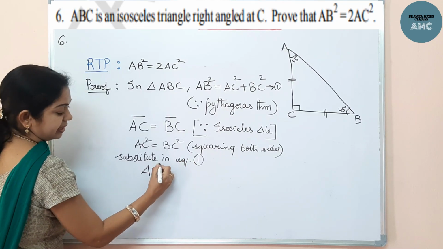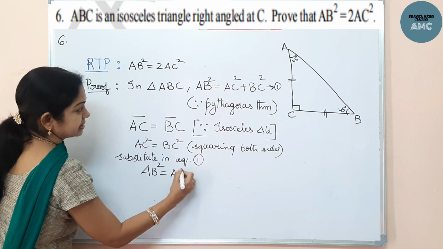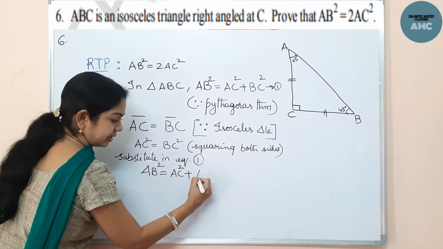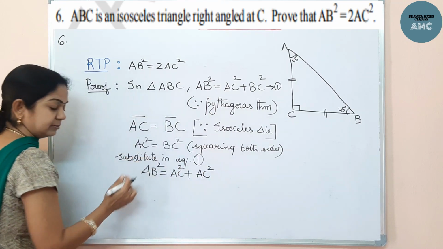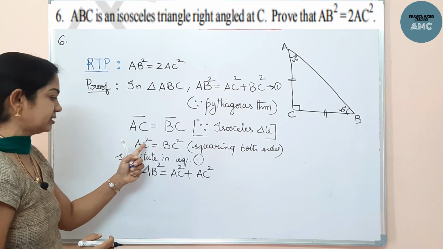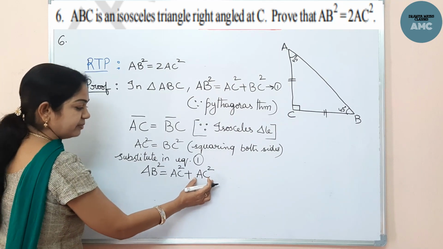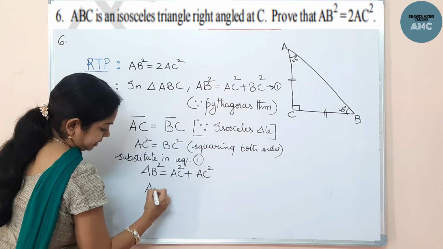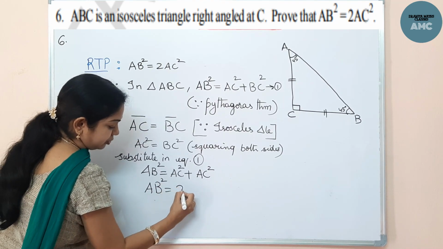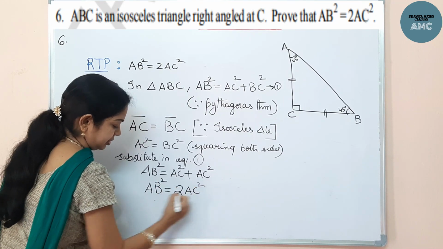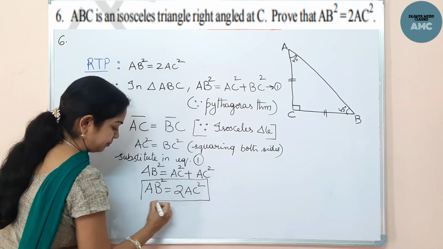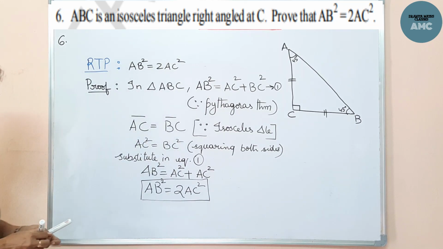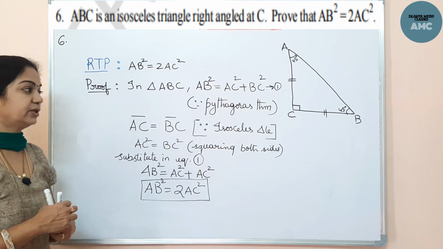So equation 1 is AB square is equal to AC square plus, instead of BC square, I'll substitute AC square again, because these two are equal. So this is equal to AB square is equal to twice AC square. That is what we have to prove. Okay, so hence proved. So using the Pythagoras theorem, we were doing all these problems.